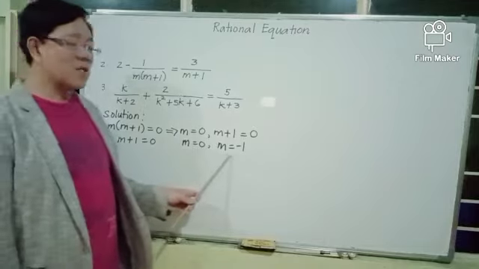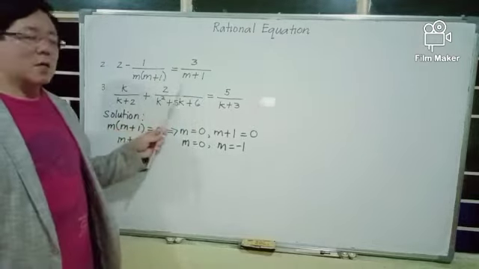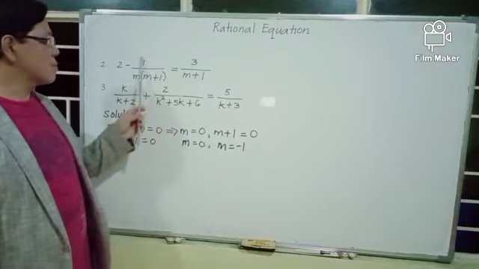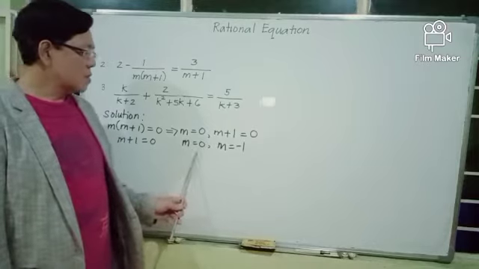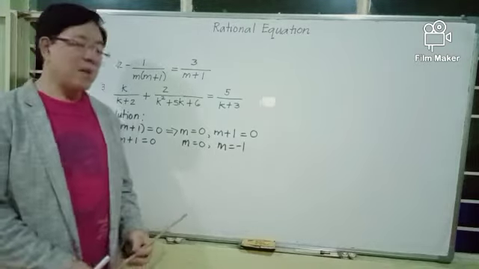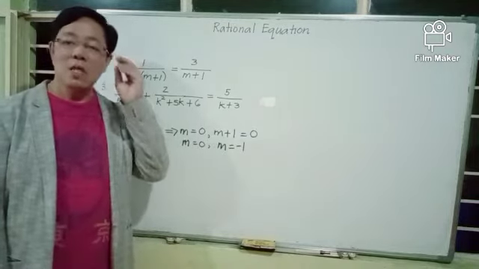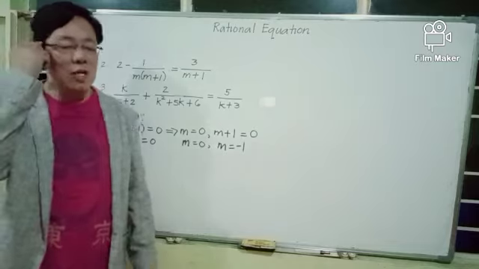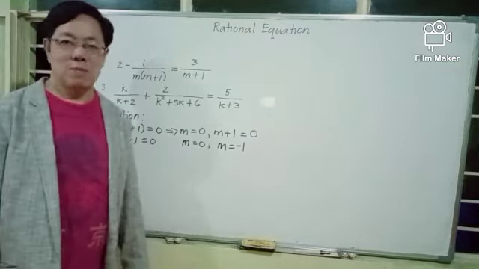These are the values of m that will make the denominator 0 and the rational expression undefined. So we will take note of these values of m so that when we get these values in our solution, we will reject these values and we will call them extraneous solution.